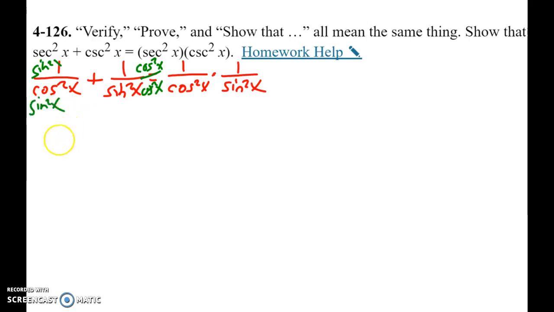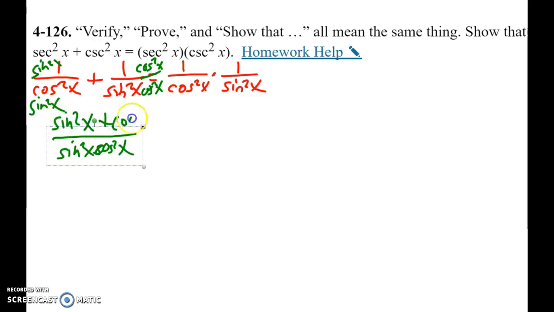So this gives me the common denominator of sine squared times cosine squared. And I've got, on the numerator, sine squared x plus cosine squared x.